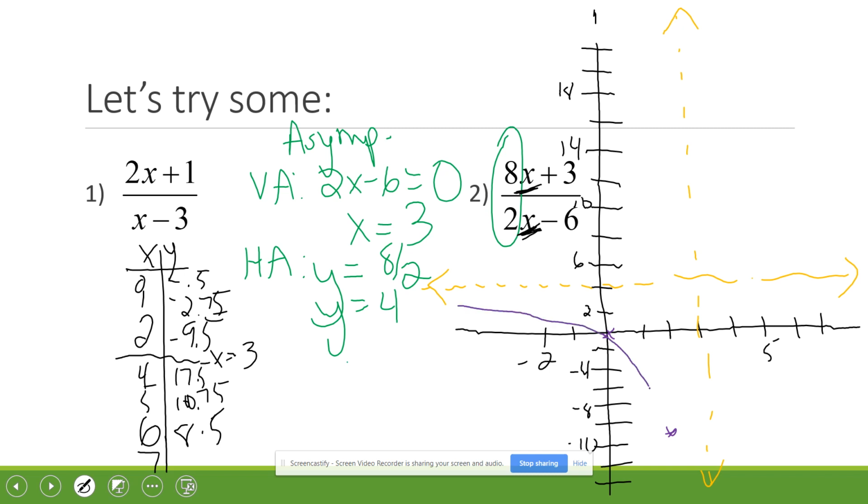So our graph's going to do something like this. And then 4, 17.5, 5, 10.75, and 6, 8. And there's that graph.